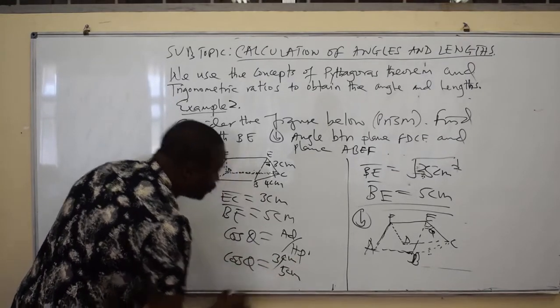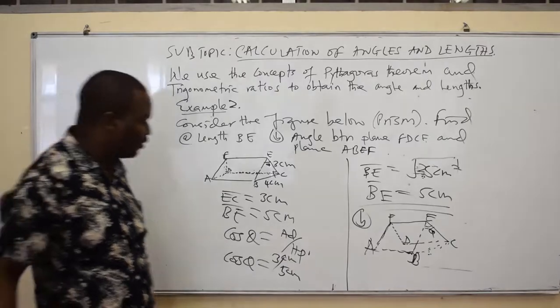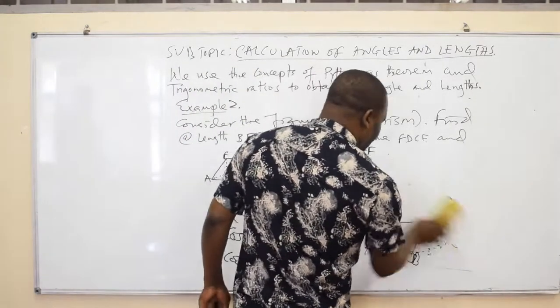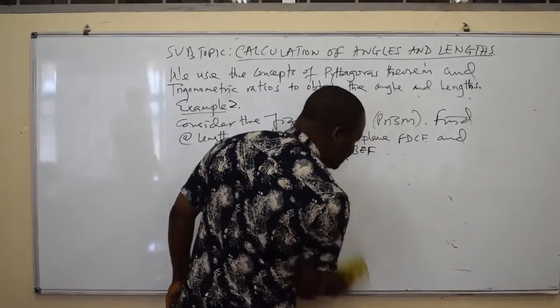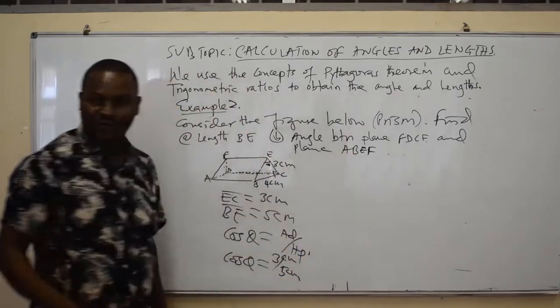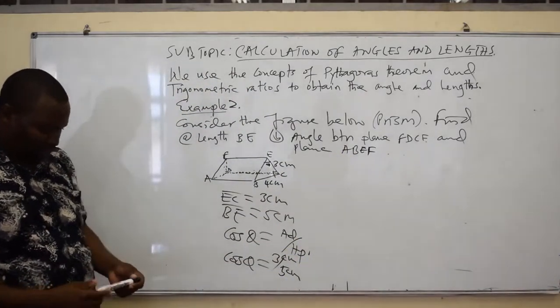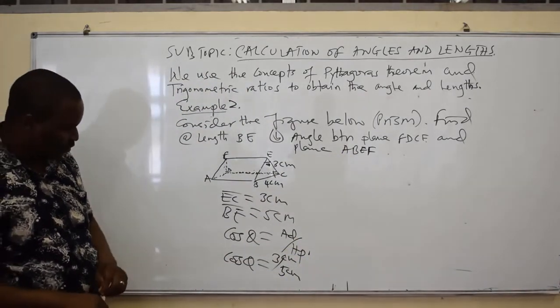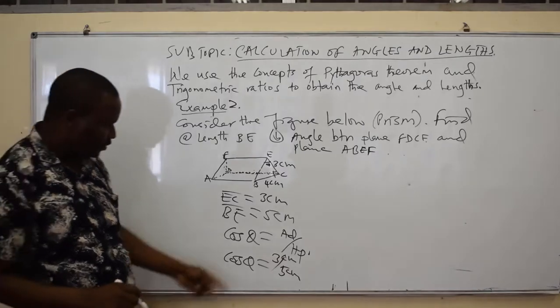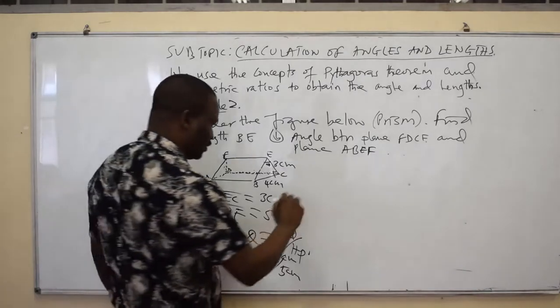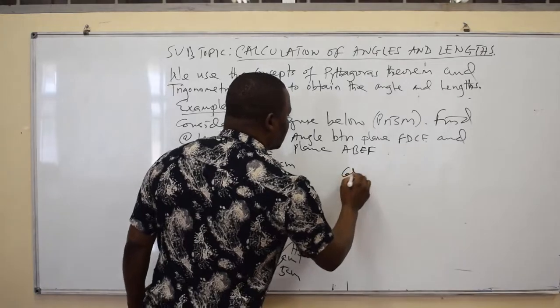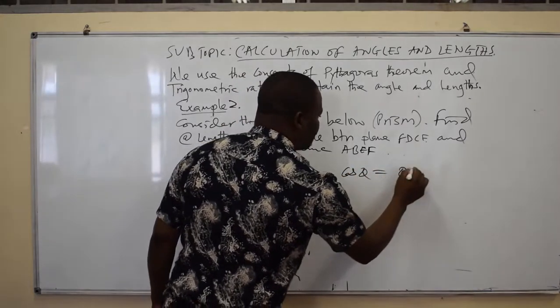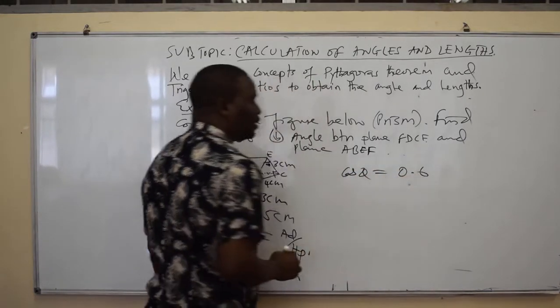So cos theta equals that. Now, in order to simplify this so that you can read it in a 4-figure table, we must put it in decimal form. So 3 over 5 is equal to 0.6. Cos theta equals 0.6.